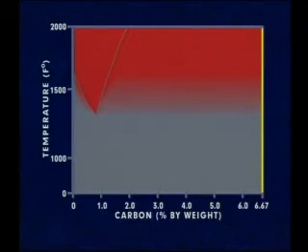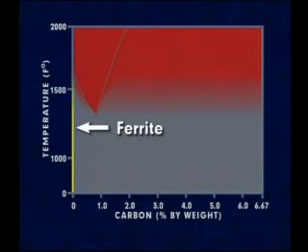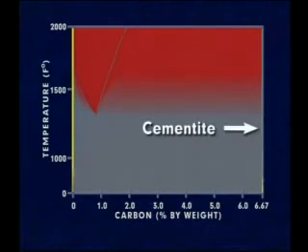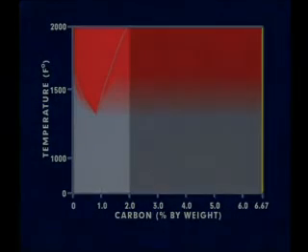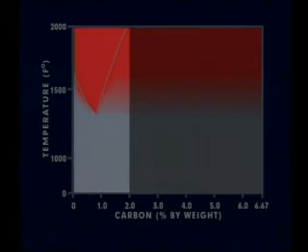Cementite contains 6.67% carbon. Though this phase diagram ranges from ferrite, with very low carbon content, to cementite, with 6.67% carbon, most steels contain less than 2.0% carbon.